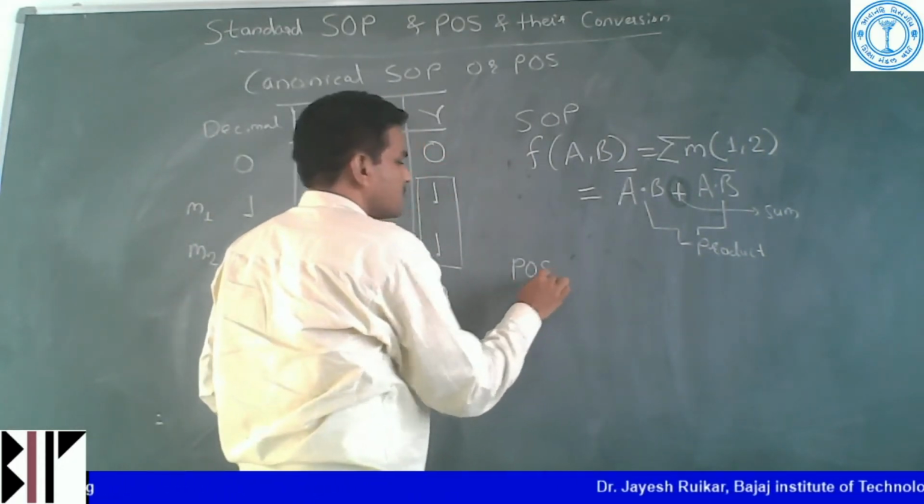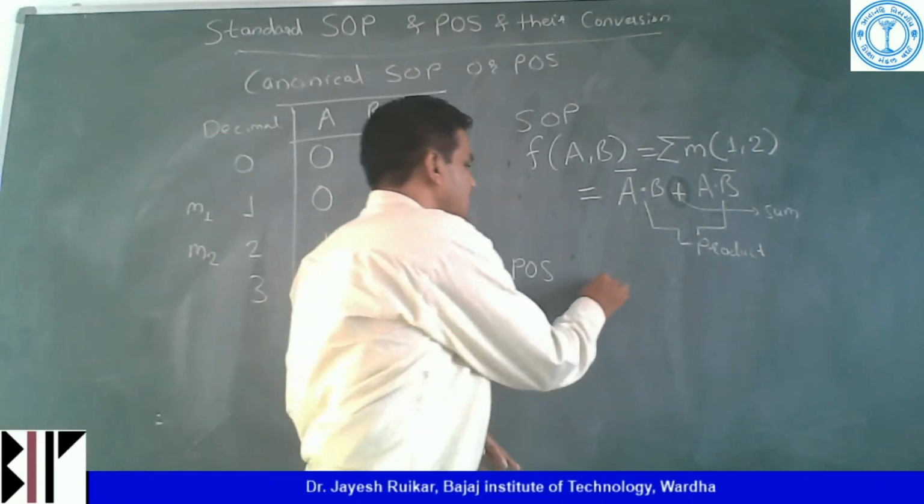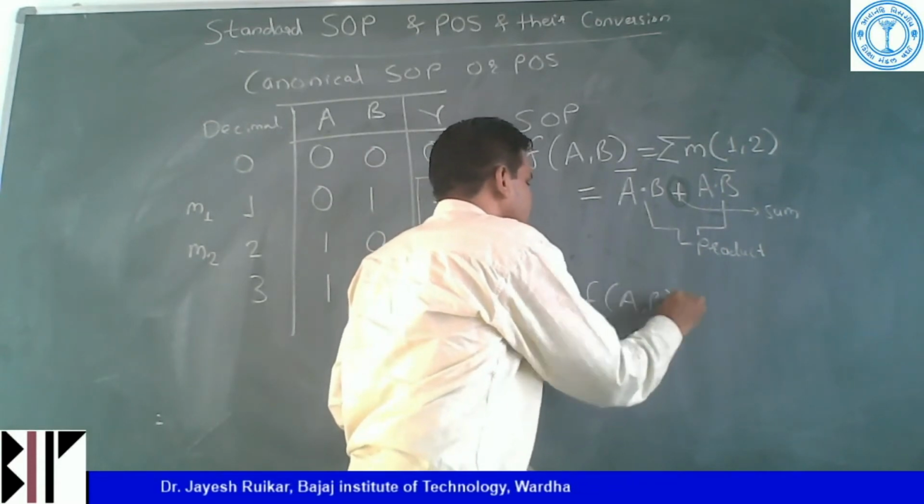Now, the next case: if I want to convert the same expression in terms of POS, the equation can be written as function of A comma B, the same variables.